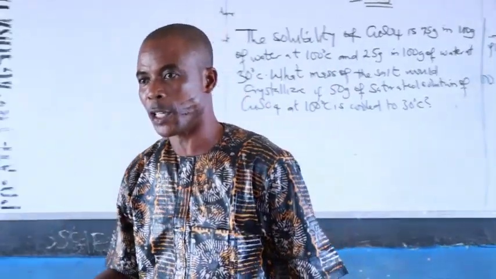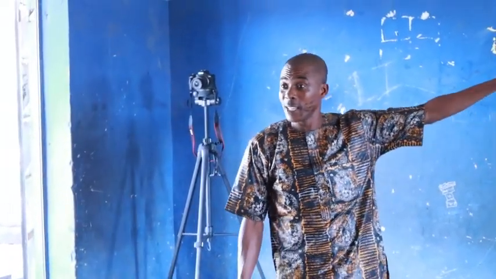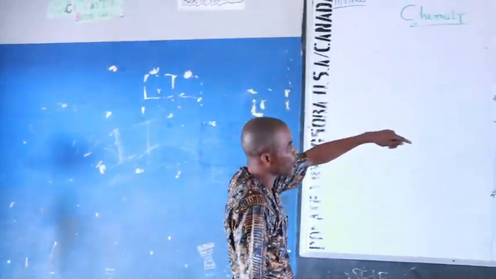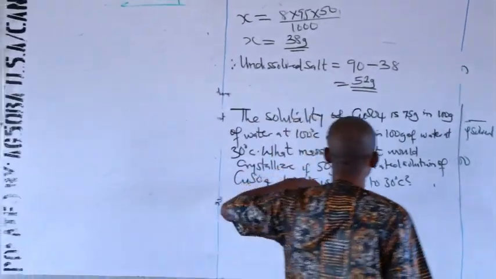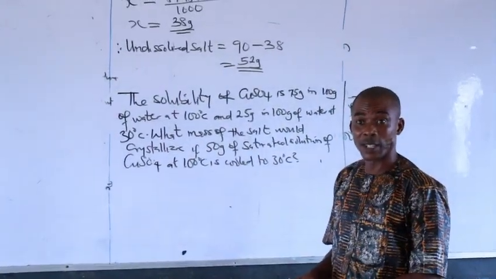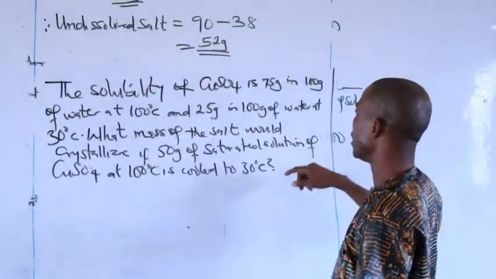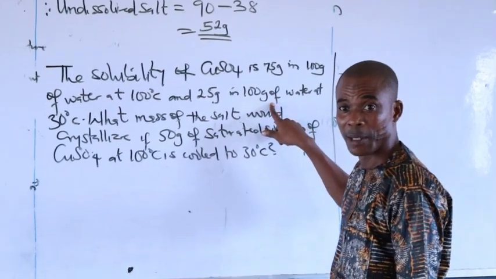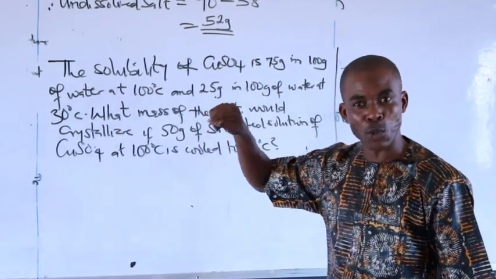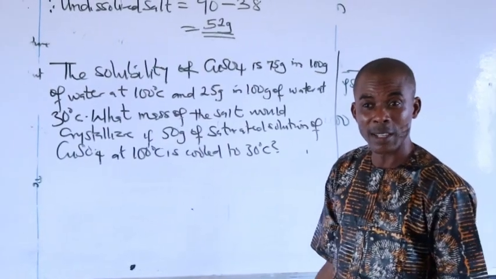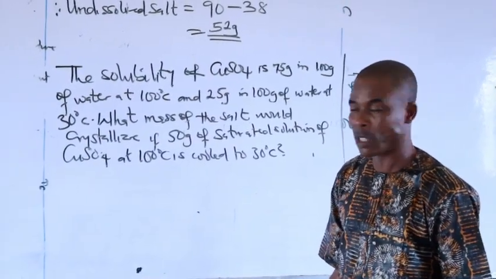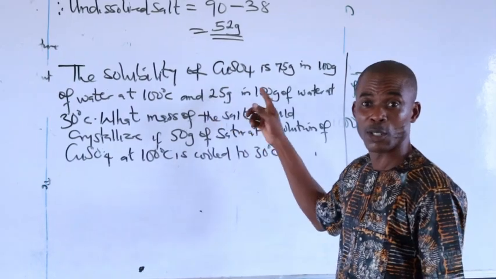A solution is made by dissolving a solute in a solvent. From the question, you can say that at high temperature we have more solute dissolved in a solvent. At 100 degrees centigrade, you have 75 grams of the salt dissolved in 100 grams of water. But when the temperature is lowered to 30 degrees, only 25 grams dissolved.